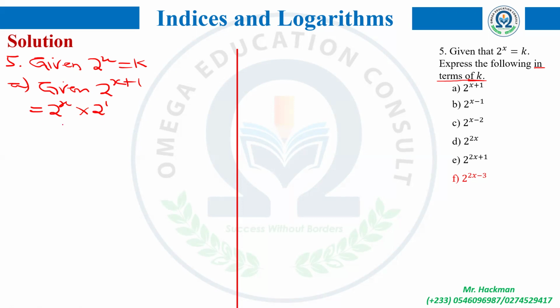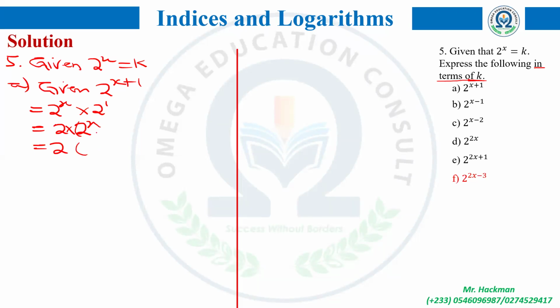Anytime you have a constant and a variable, usually you write the constant first. However, I will carry out my substitution. So I can say that this is equal to, let me write the constant first, 2 times 2 to the power x. Do you agree? It is the same. So can I say that this will be equal to 2 times, what is your 2 to the power x?